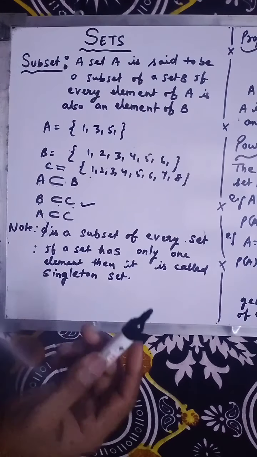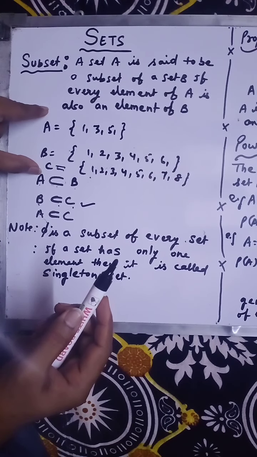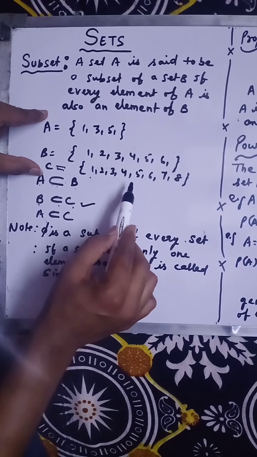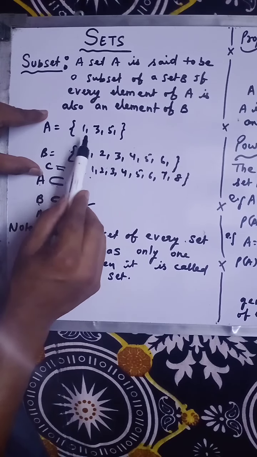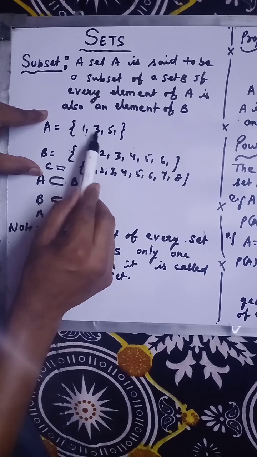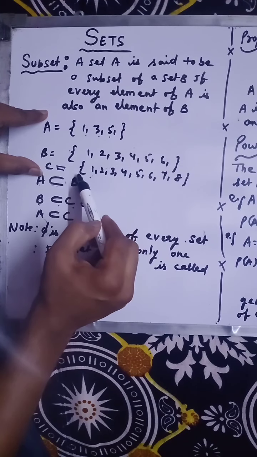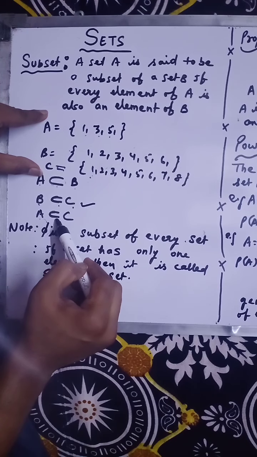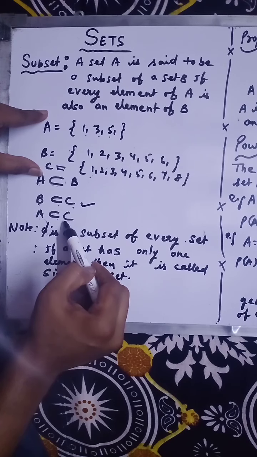Now we are comparing A and C. The elements of A are 1, 3, 5. All these three elements are coming in set C also. So A is a subset of C.